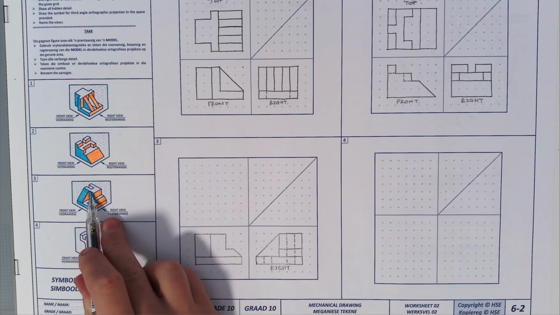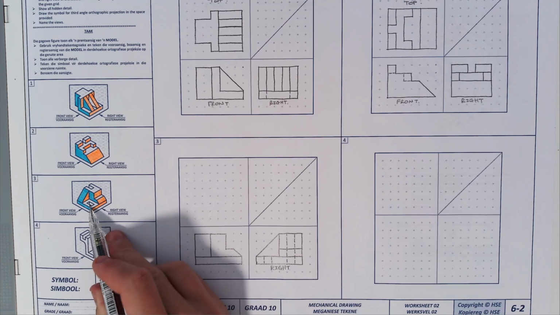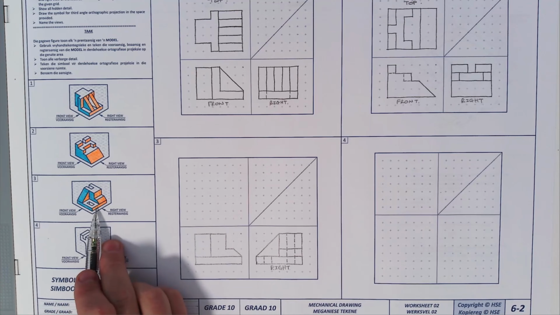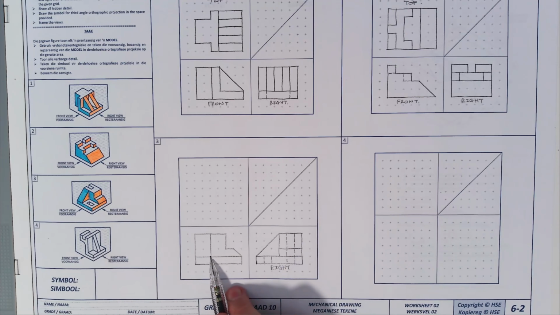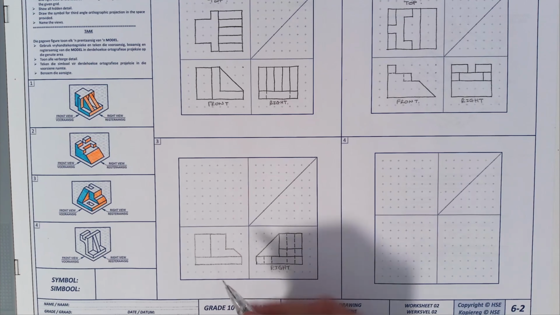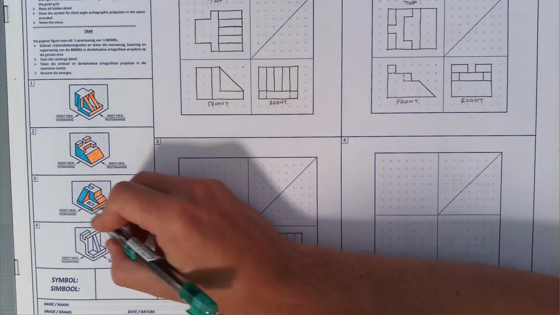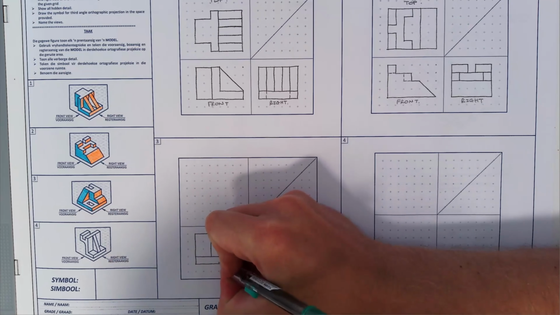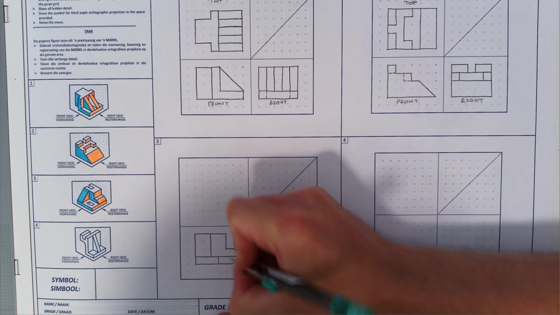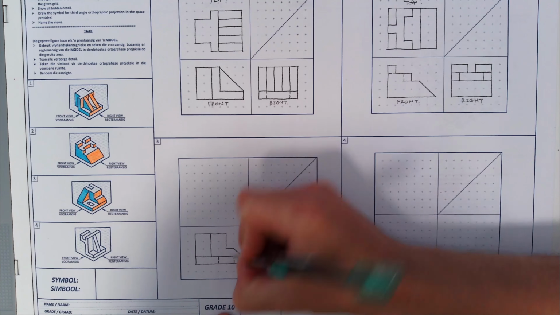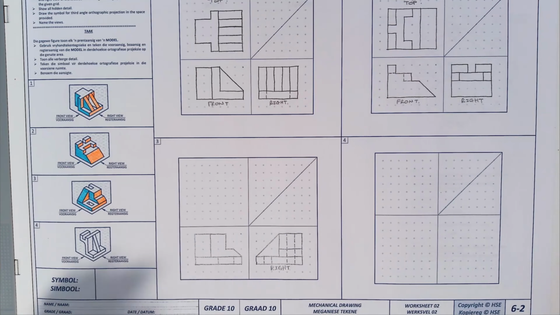Now we need to put in the hidden detail. Let's do this one first, the hole. It is 1 from that side and 1 from that side. So 1 and 1. And it's only in this base plate. So it is from here, short, short, to here, short, short. That's the hidden detail.